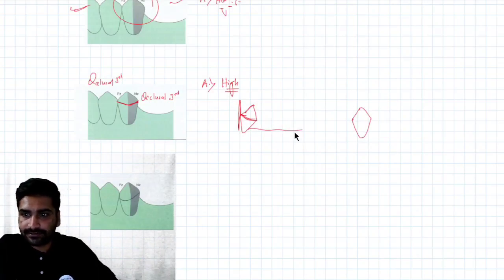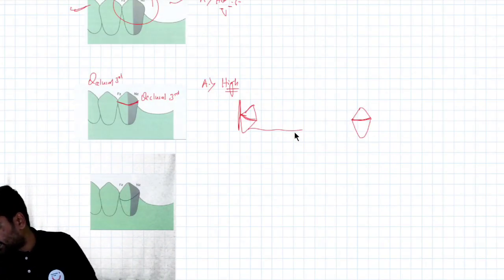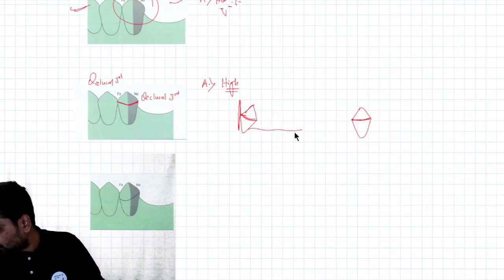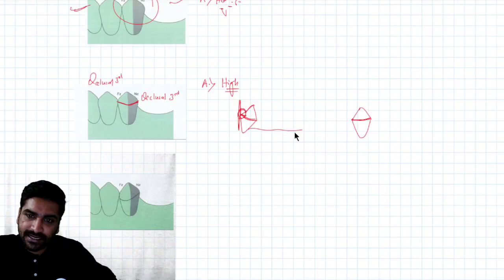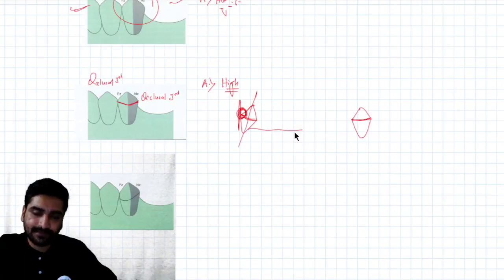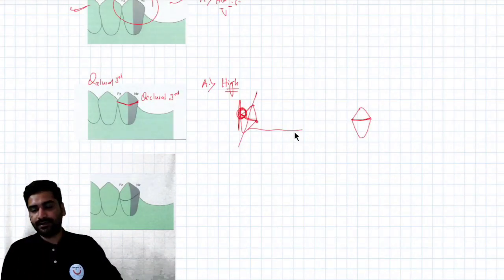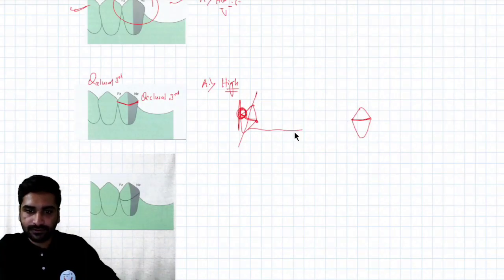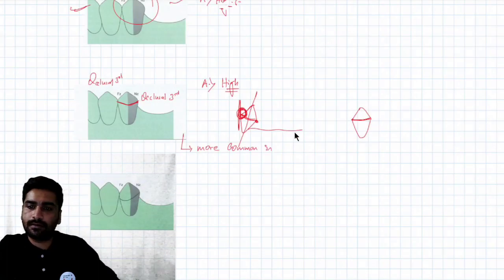If you see the high survey line, it is commonly found in inclined teeth. If the tooth is inclined, then on one side the height of contour will be above, and on the other side the height of contour will be below. So it is more common in inclined teeth.